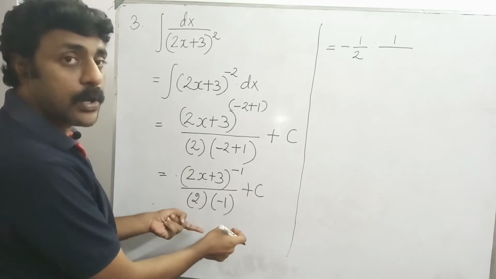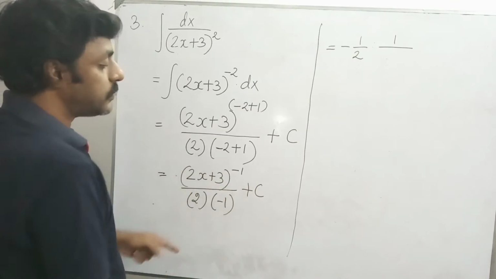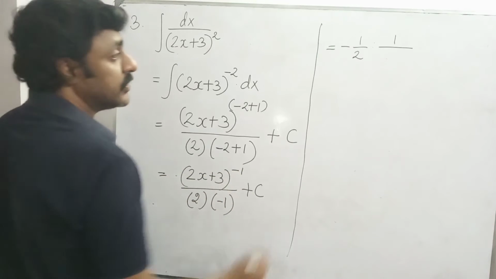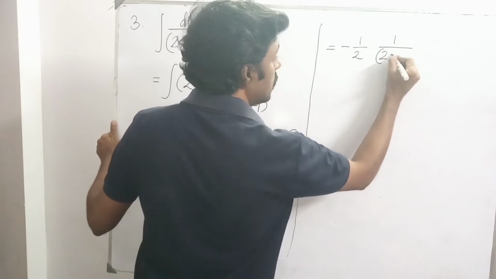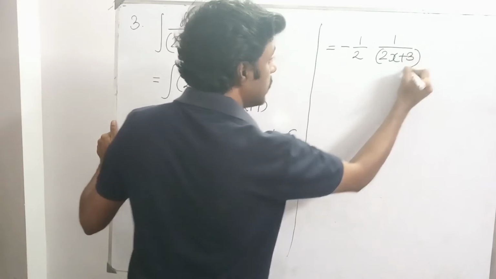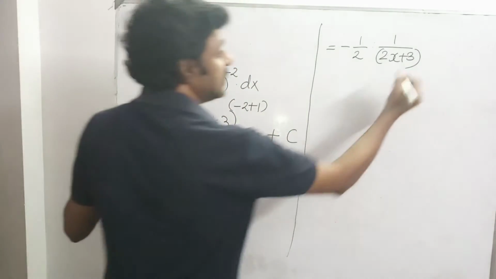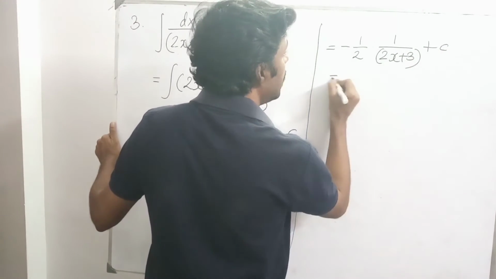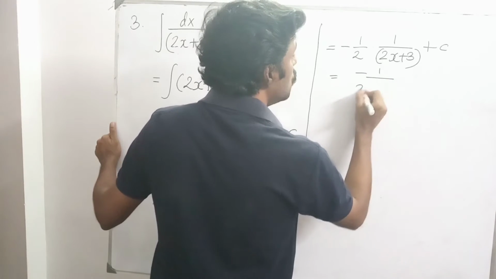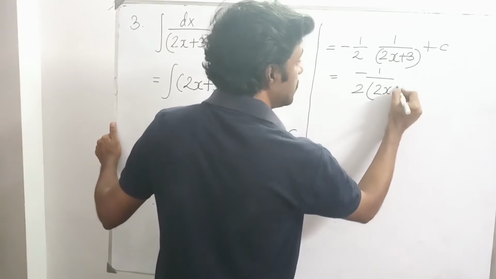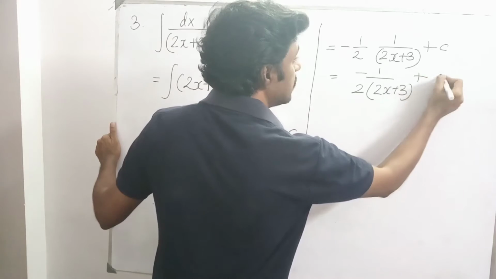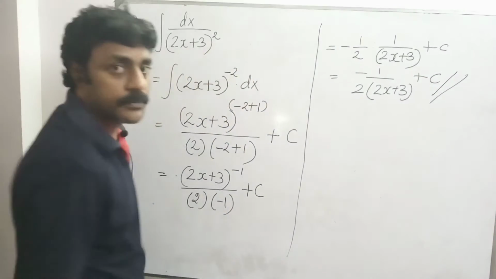When it comes to the denominator, it will be 2x plus 3 whole power plus 1. So it will be minus 1 by 2 into 2x plus 3 plus c. This is the answer for this one.